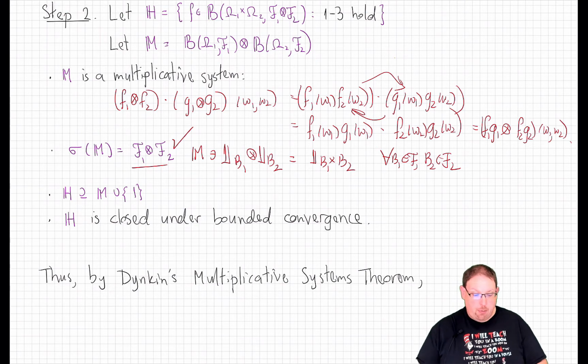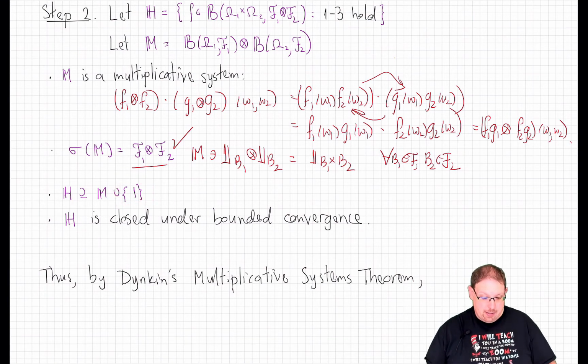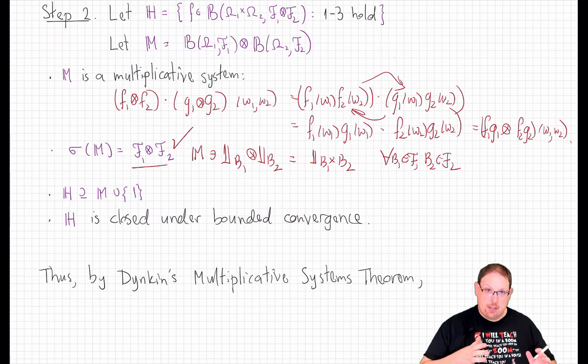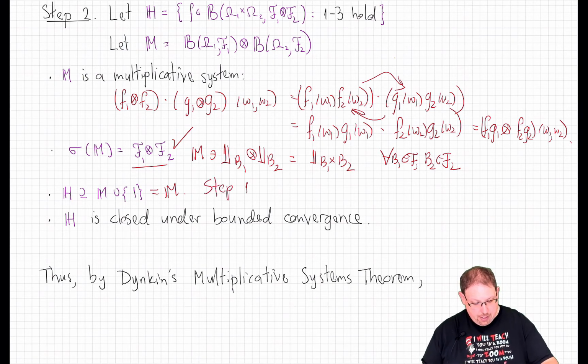That was what step 1 was showing, that if I have any tensor product function, conditions 1 through 3 hold, and adding this new boundedness constraint is fine in this context. Constant functions are tensor product functions. 1 is constant 1, tensor constant 1. And so M union 1 is just M. Okay, so by step 1, we've already verified this.